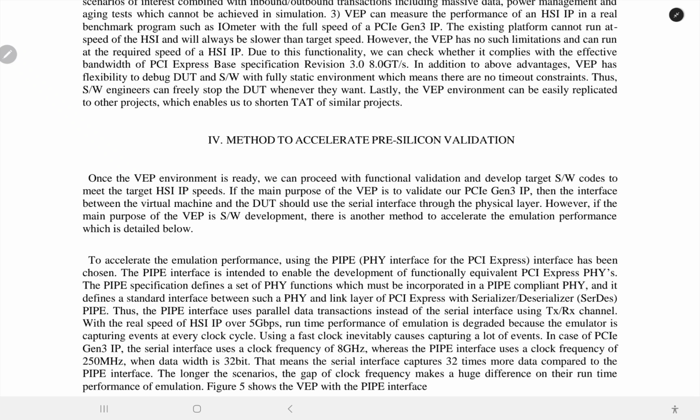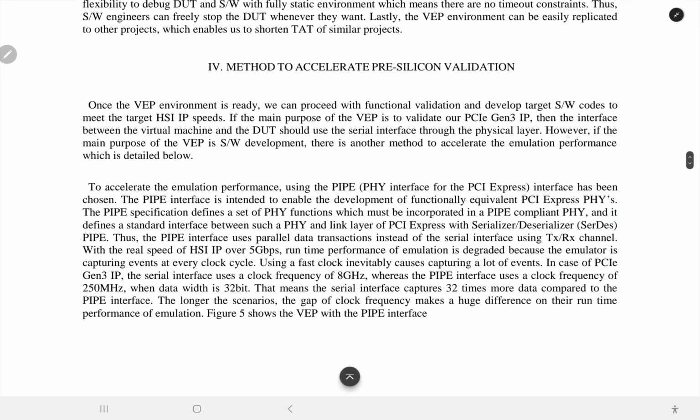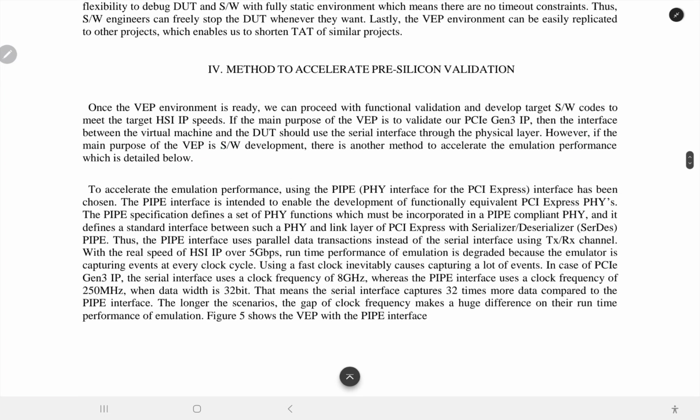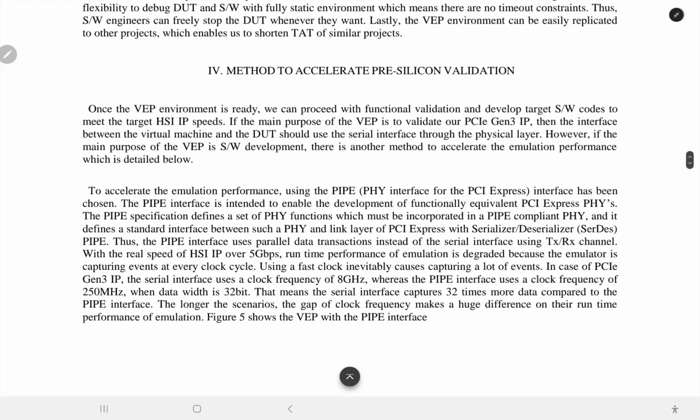If the main purpose of the VEP is to validate our PCIe Gen3 IP, then the interface between the virtual machine and the DUT should use the serial interface through the physical layer. However, if the main purpose of the VP is software development, there is another method to accelerate the emulation performance, which is detailed below.